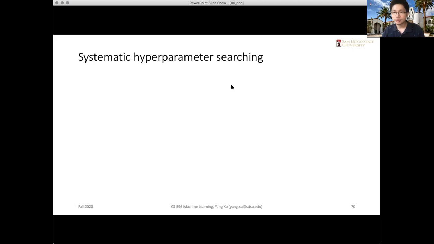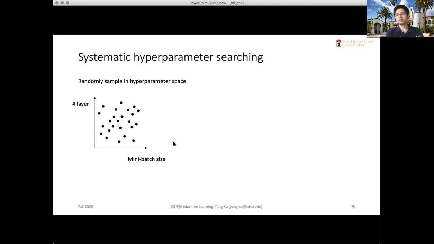So let's look at systematic hyperparameter searching. This is a different topic, because we have that many hyperparameters defined in a model. For example, if we want to decide how many layers or what the mini batch size could be, then we can randomly sample some numbers in the hyperparameter space.